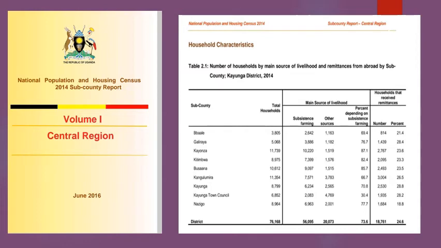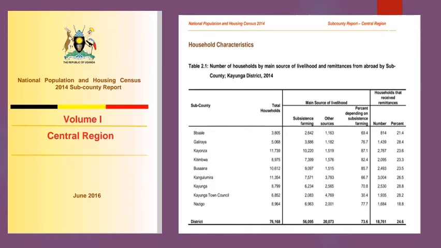Now, because we are dealing with households, us as a production sector, we don't know the number of households in the respective sub-counties. So we use secondary data. Secondary data is picked from published data.